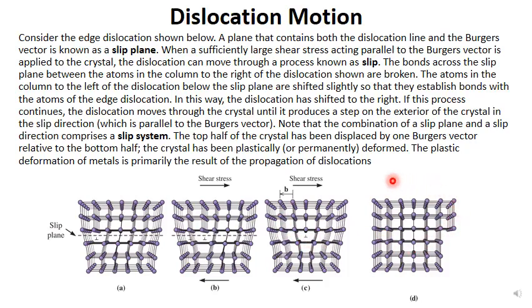At the end of each slipping event, the crystal shape will be different. It's obvious that the crystal shape here is different from the crystal shape here, and this is exactly the definition of plastic deformation, or permanent deformation.